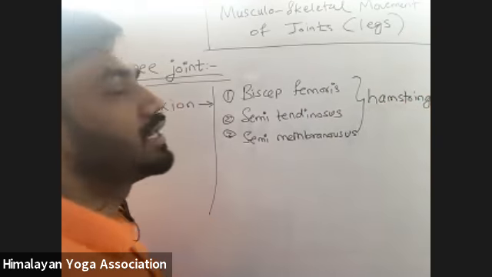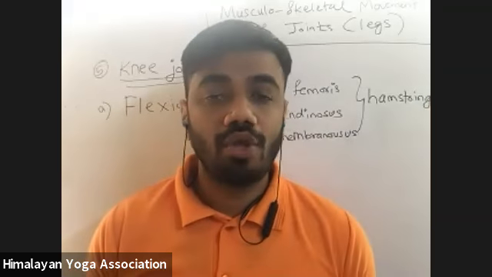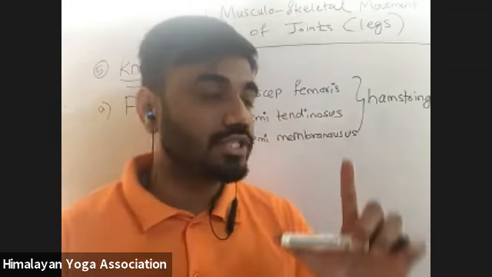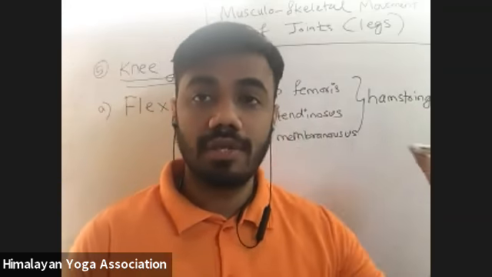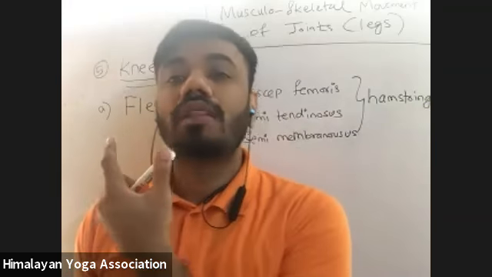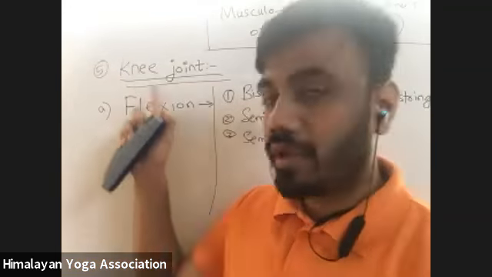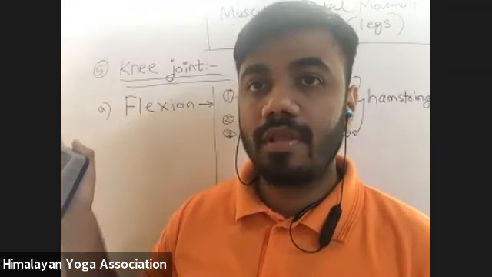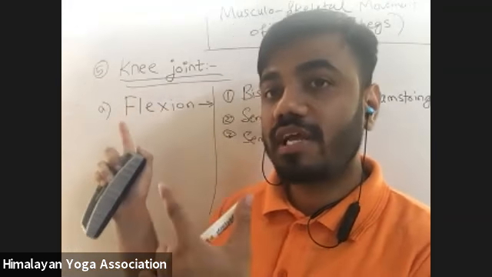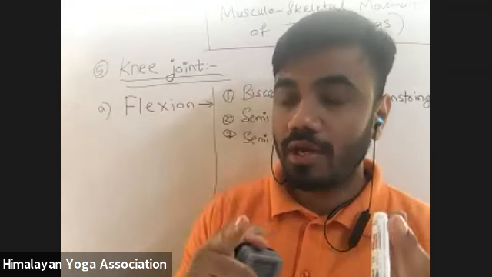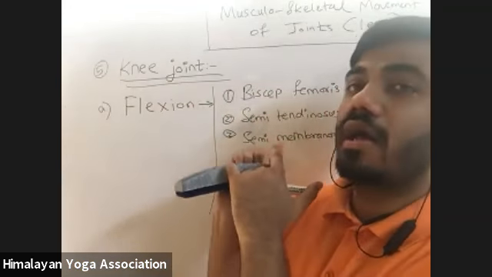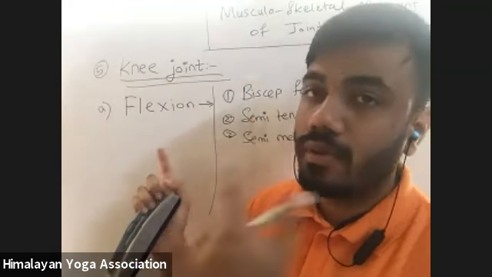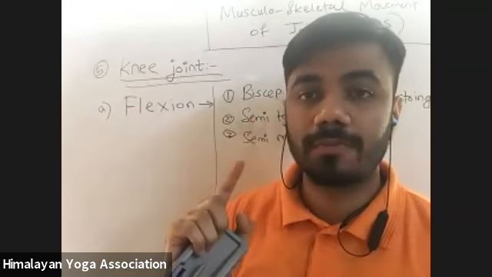So how is the knee flexion movement? When you bend your knee, you are not stretching your hamstrings. The hamstrings are used to allow the flexion movement of your knee. The knee flexion movement is not here to stretch your hamstrings, but the hamstrings allow the flexion movement of our knee joint.